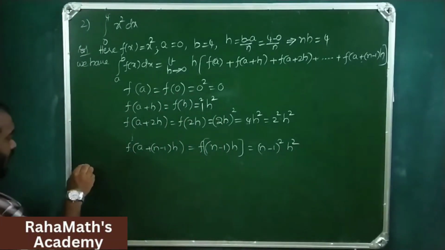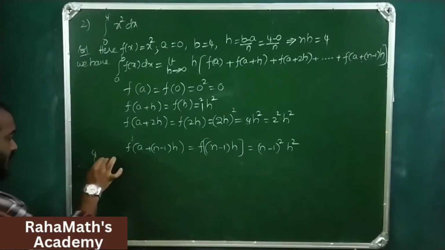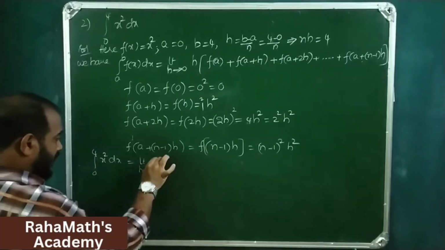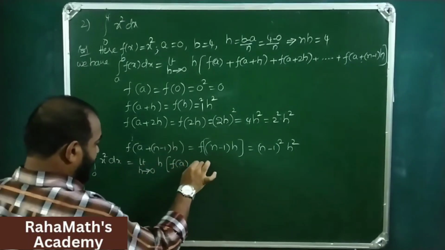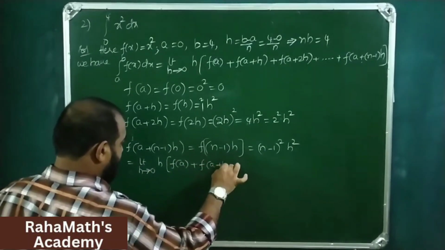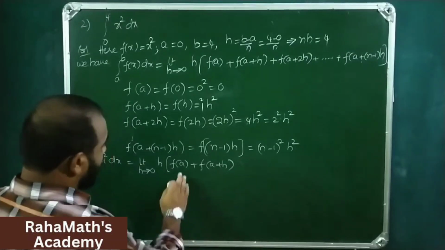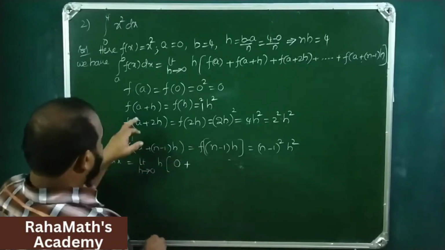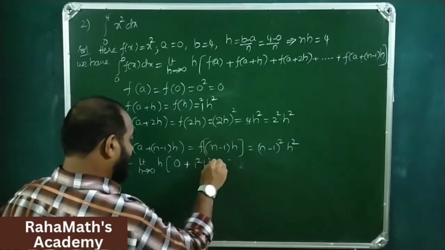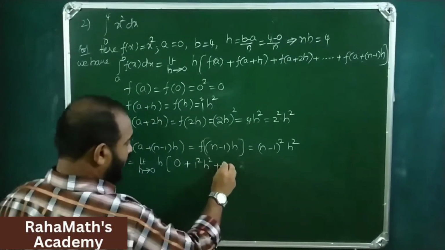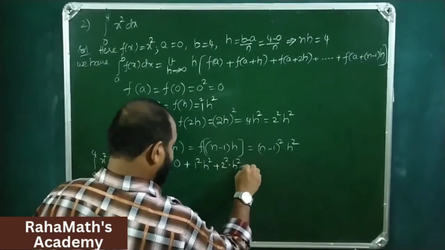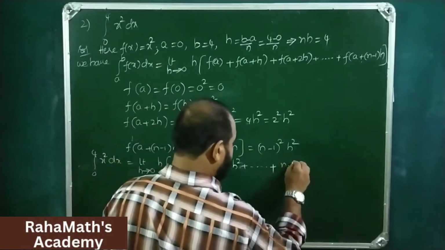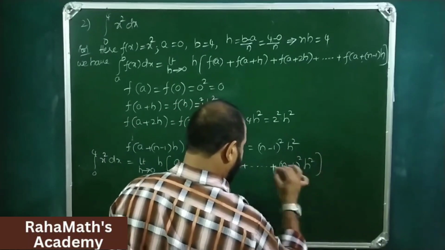Therefore, the integral 0 to 4 of x square dx equals the limit h tends to 0 of h into [f of a plus f of a plus h plus, etcetera]. So f of a is 0, f of a plus h is 1 square h square, plus 2 square h square, etcetera, plus (n minus 1) whole square into h square.